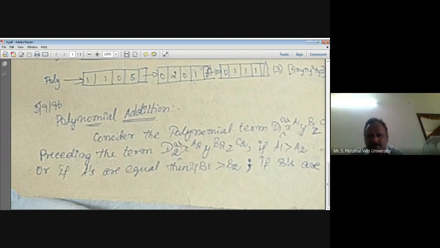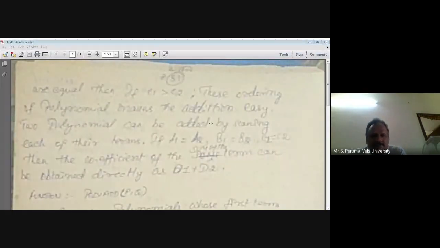So if A1 is greater than A2, or if the A's are equal, then B1 may be greater than B2, or if the B's are equal, then C1 greater than C2.